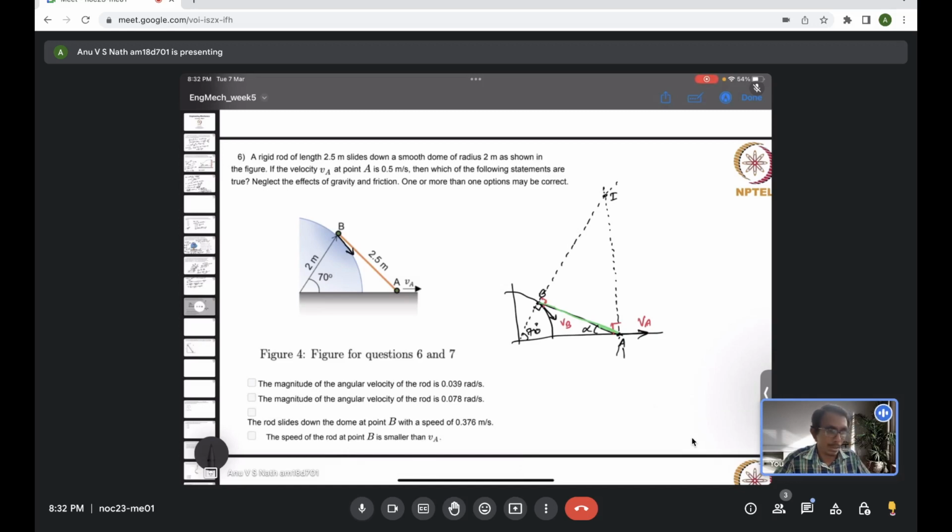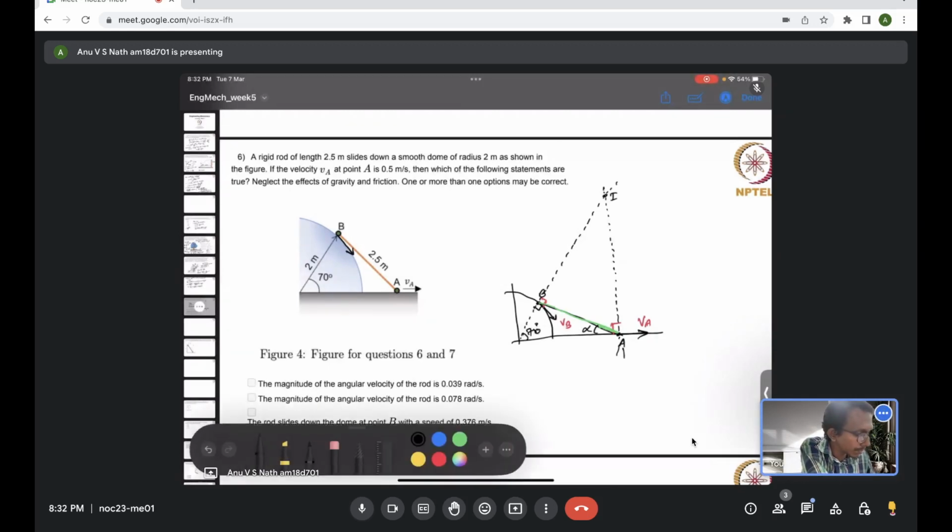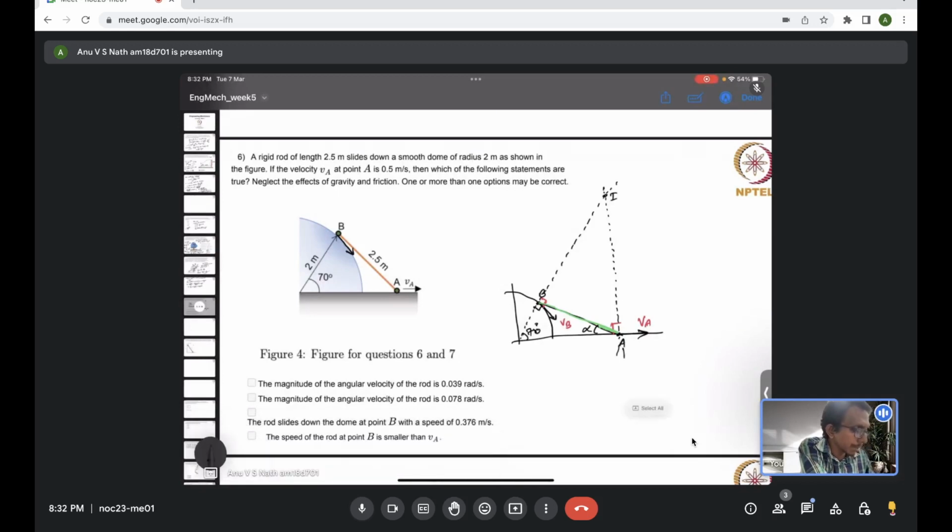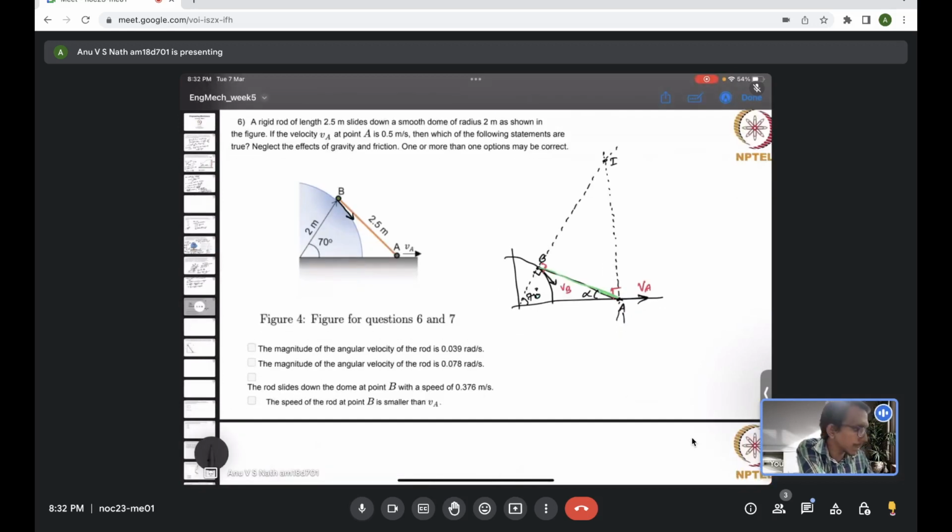Let's keep that as alpha. So we have to find the angular velocity of the rod. So if you come here and see geometrically, the point A, we know the velocity VA. We can write the velocity in terms of the angular velocity of the member AB.